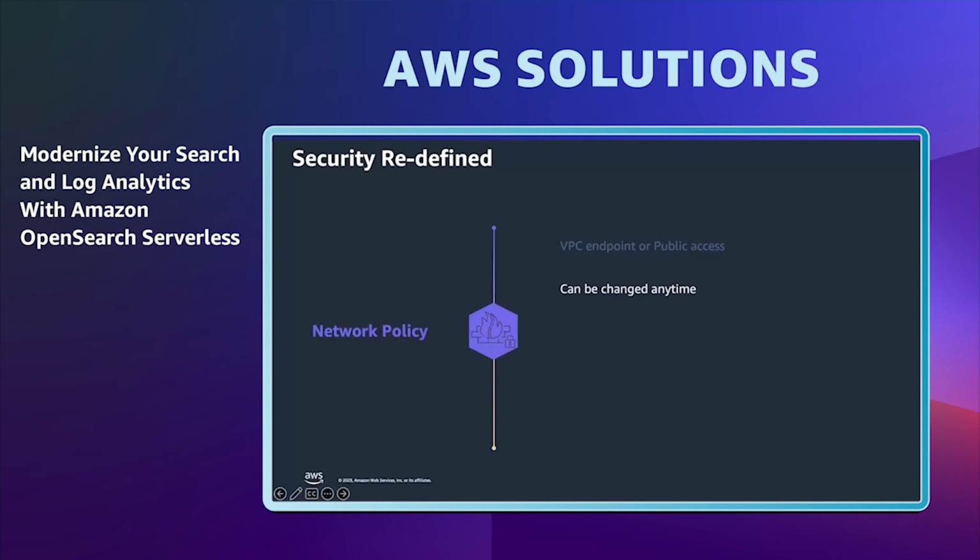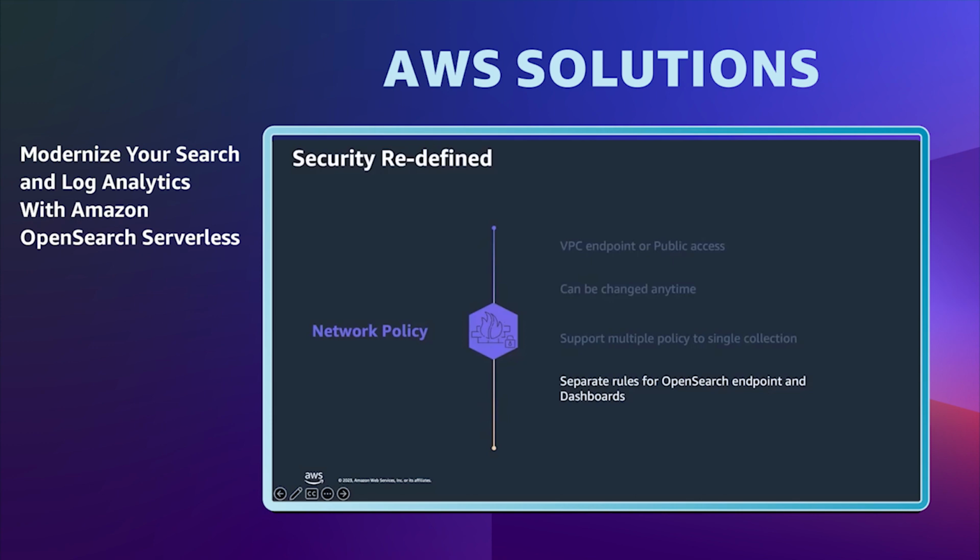You can switch from a VPC based collection to a public collection or public to VPC at any time. And you can have multiple network policies for a single collection, whereas in the case of the encryption policy, you will have only one key, one collection per key. The reason for that is that with the network policy, you have an option to define the VPC endpoint or the public access.